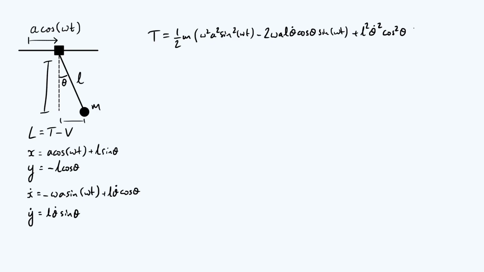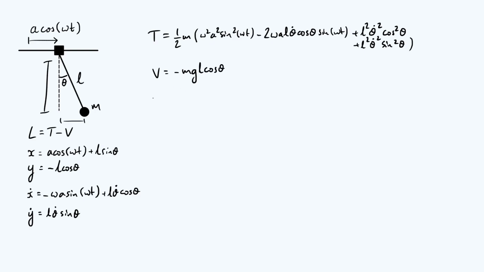We're going to have to add on the y dot squared. Y dot squared is simply L squared theta dot squared sine squared theta. So what about the potential energy term V? Well, it's just gravitational potential energy, m g y, and we know that y is minus L cos theta, so that's straightforward. V is minus m g L cos of theta.